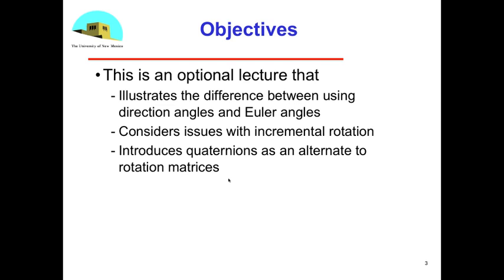Then we'll look a little more at quaternions, which we just said exist last time, as an alternative to doing rotation matrices, and there are some very interesting things that arise with quaternions that I'll try and explain in this lecture.